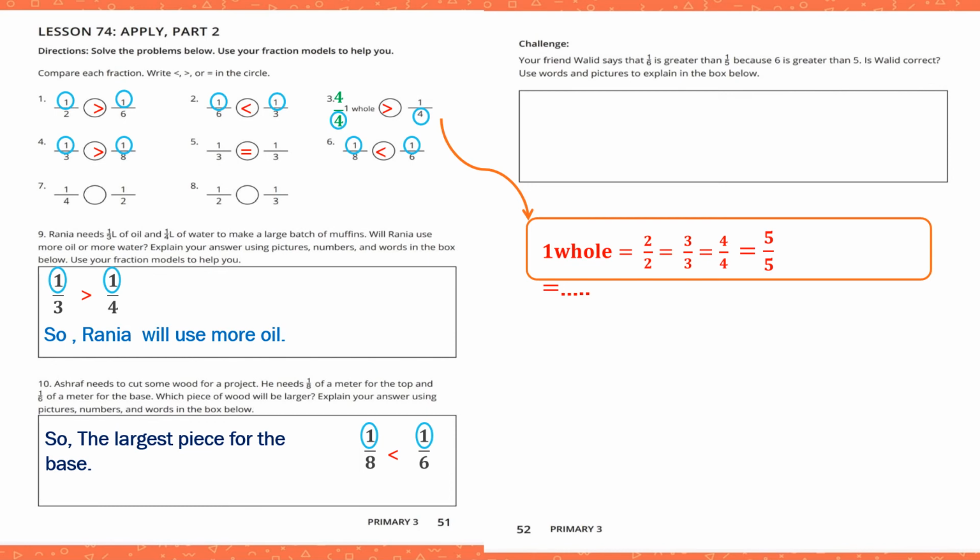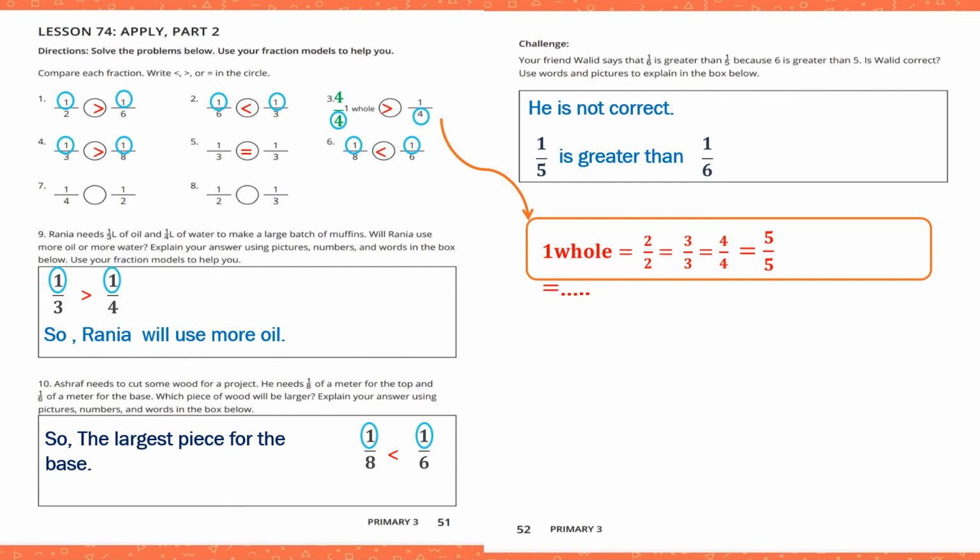Here we have the challenge part. Your friend Walid says that 1/6 is greater than 1/5 because 6 is greater than 5. Is Walid correct? Sure, no. We said before 1/5 is greater than 1/6. Why?